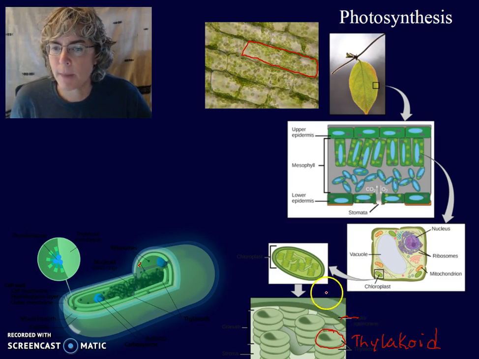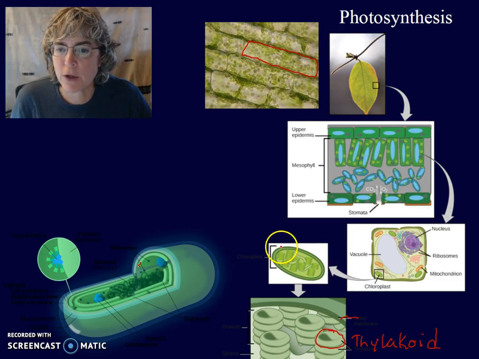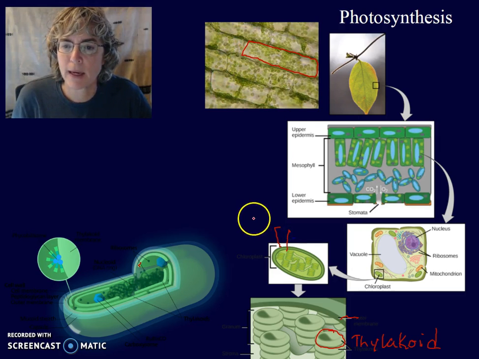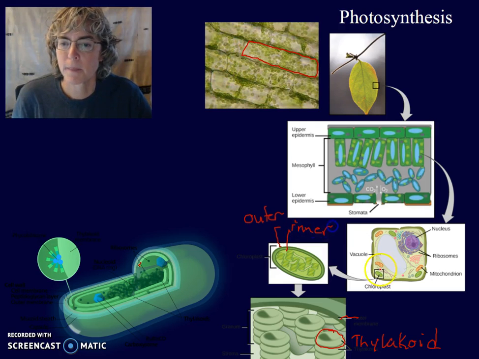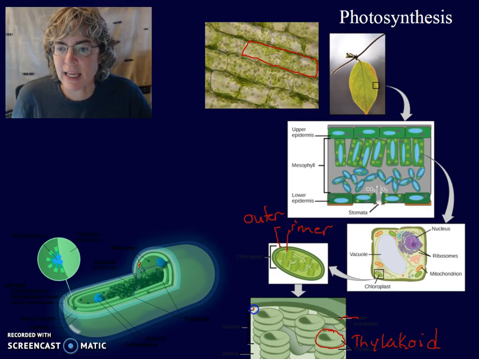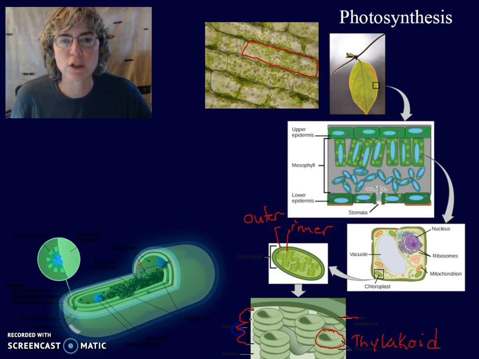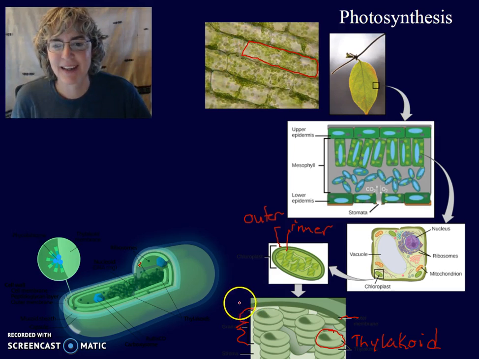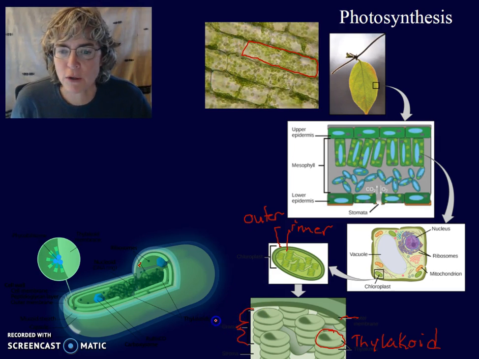We have an outer membrane and an inner membrane, and you can see that in this picture really well right here. And these thylakoids get stacked up into what looks like a stack of pancakes, and that is called a granum.